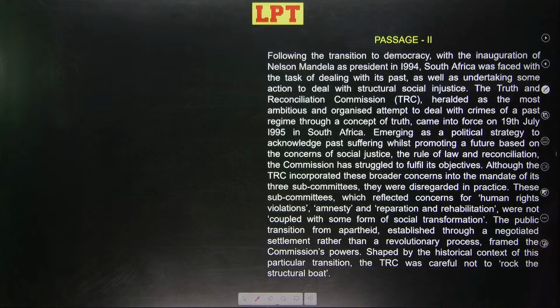Quickly go through the passage. You have the remaining part in the next slide, and then we will deal with the questions.